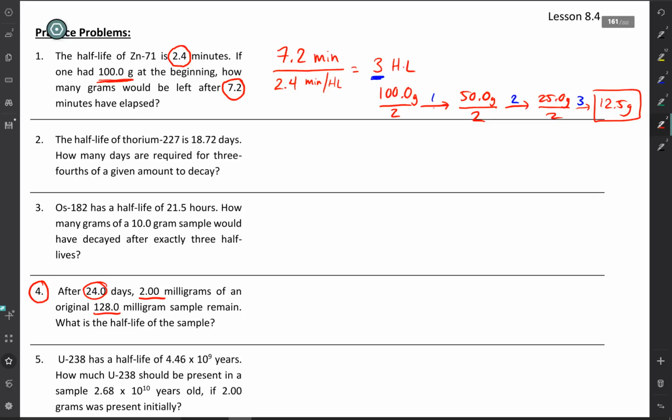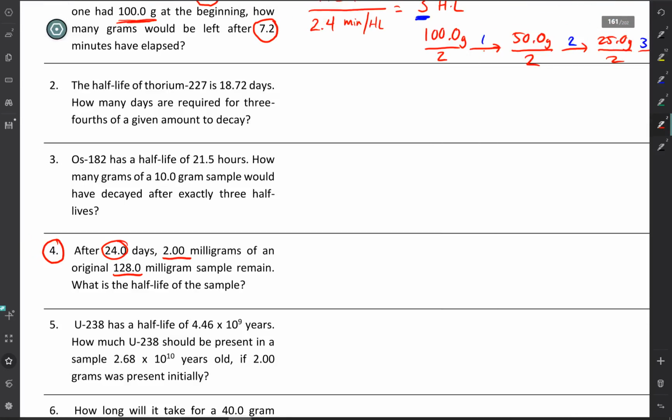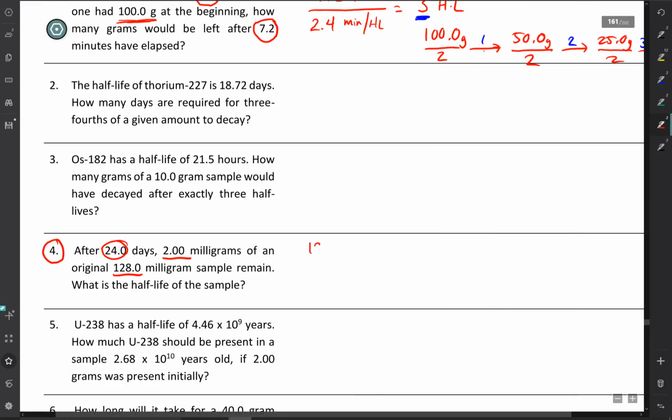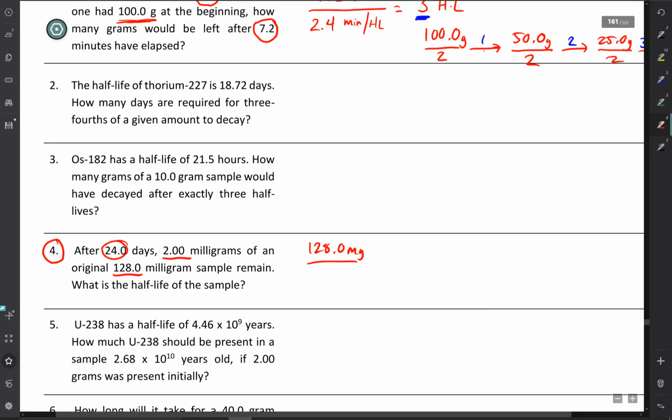I'm going to do this not elegantly from a mathematical perspective. I know I started off with 128.0 milligrams. And what I'm going to do is just divide by 2 until I get down to the 2 milligrams that I am currently left with. And I'm not going to be too concerned with my significant figures.